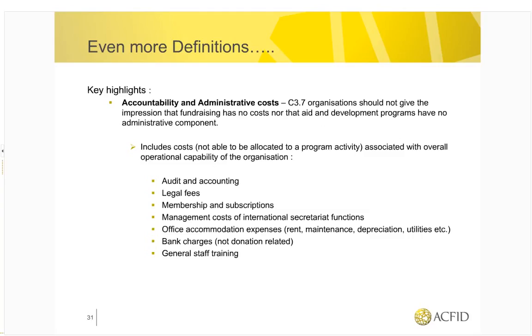And ditto for accountability and administration costs as well. Again, we'd expect organisations to have some sort of accountability and administration costs just to operate and survive. That provides some examples of the sort of things that go in under that item. They're typically items that can't be directly allocated to a particular program or project.